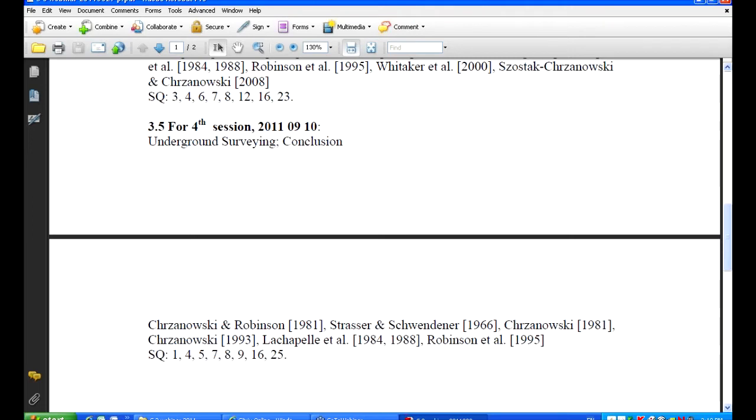I've also been asked about study question number 12. But maybe before I go on to that, I just want to be sure that everyone is aware of what's in store for the next session, which is on the 10th of September. We'll deal with the remaining topic, which is underground surveying, and we have the references that are listed there.